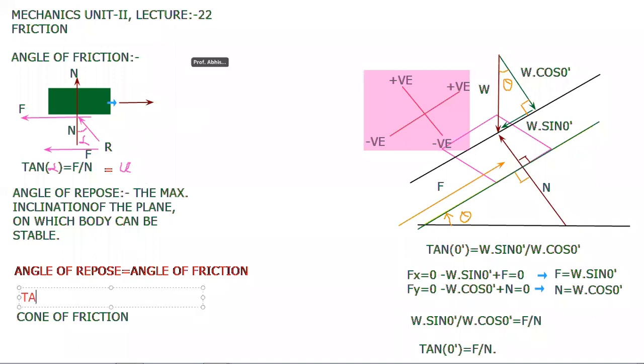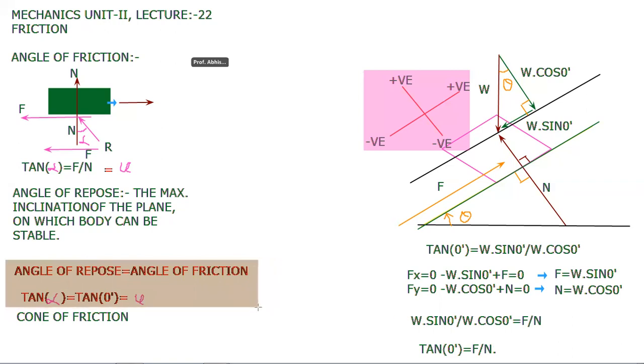So we can write a new equation: tan alpha equals tan theta equals mu. All this is very important as far as our numericals are concerned.